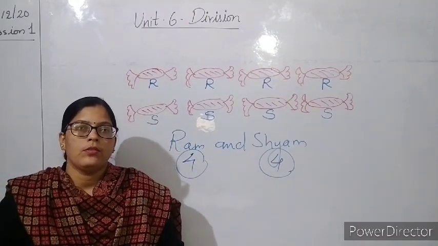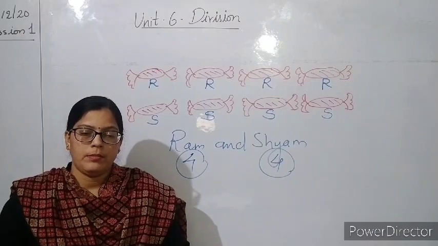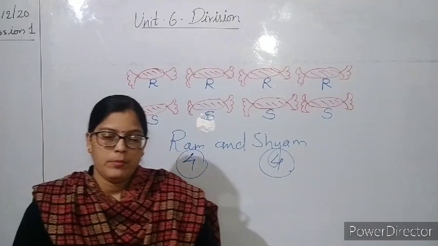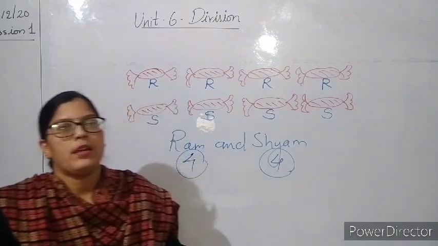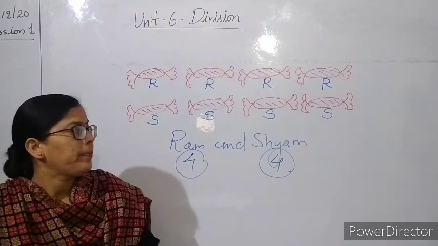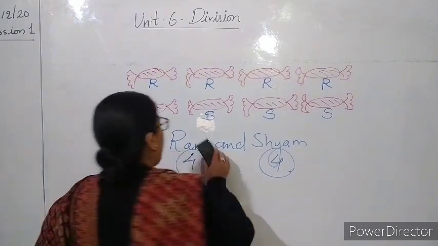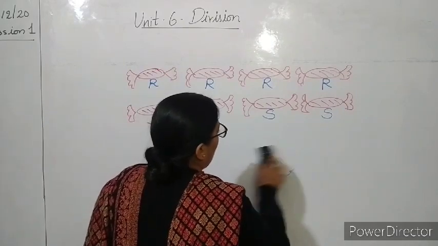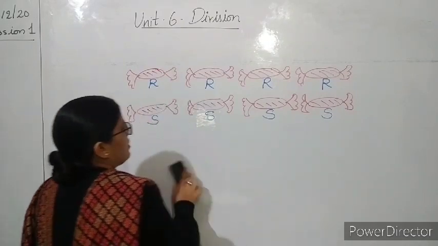Okay, so as per the meaning given in your book, what is division? Division means sharing objects equally. Okay, sharing objects equally. Now, how to write the division statement?